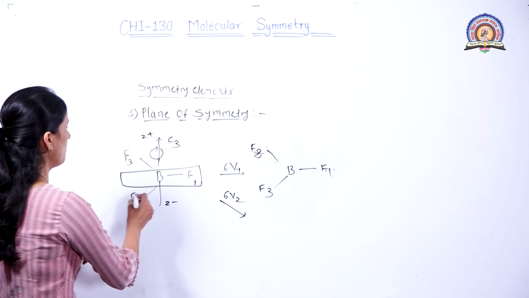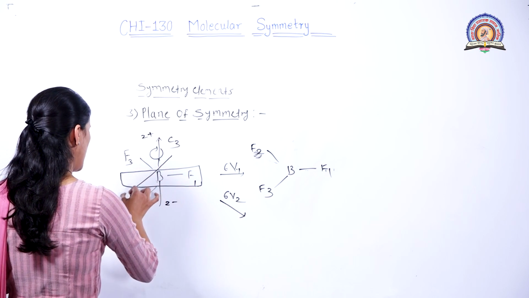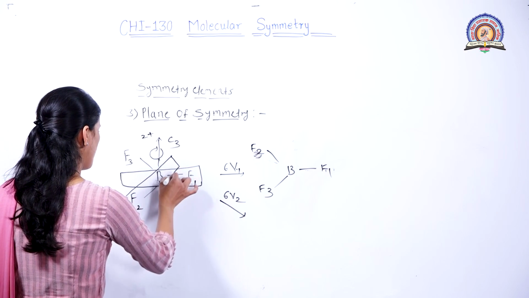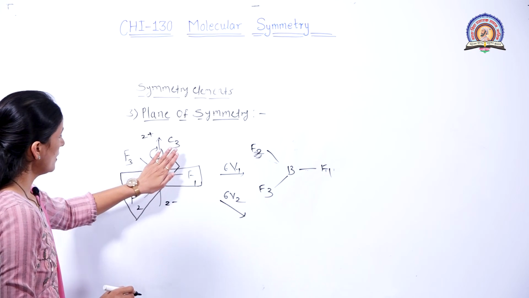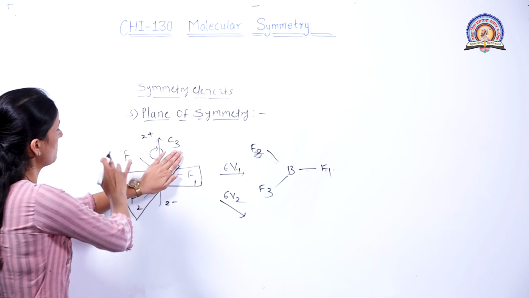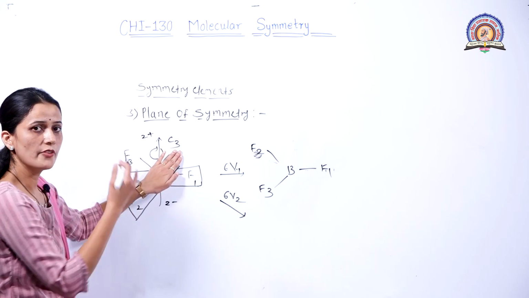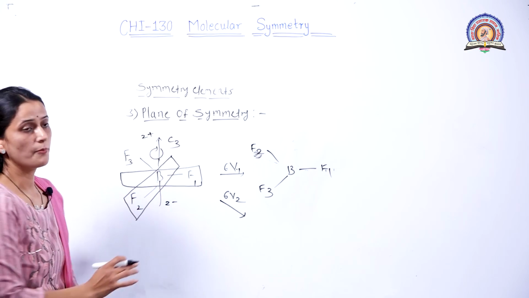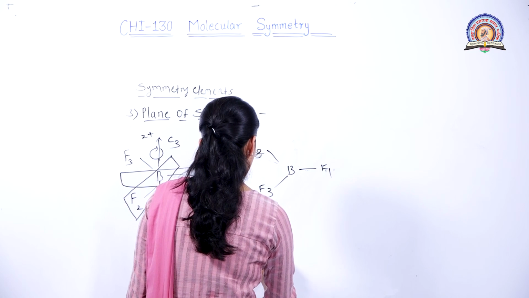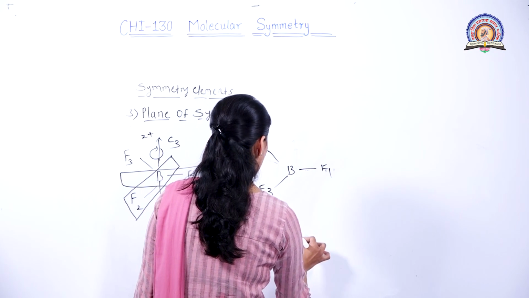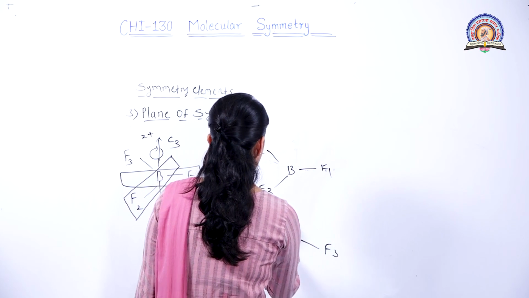Sigma v2 means the plane which passes through B and F2. So if I pass the plane like this, the positions of F3 and F1 will change while the positions of B and F2 remain as they are. That is B, F2. Here is your F3, F1.